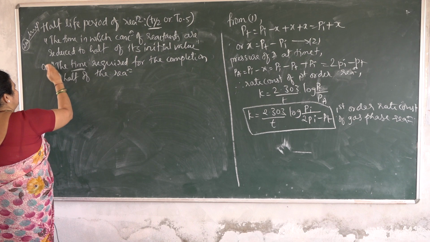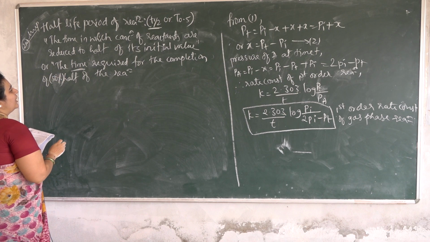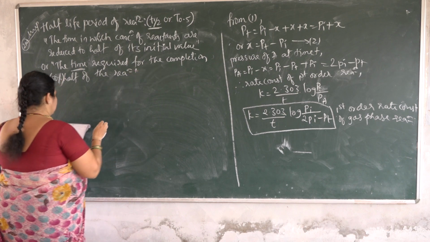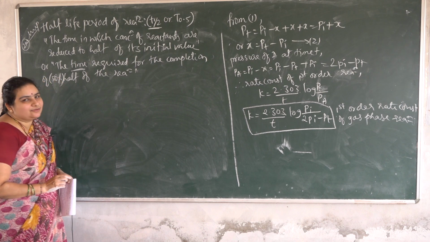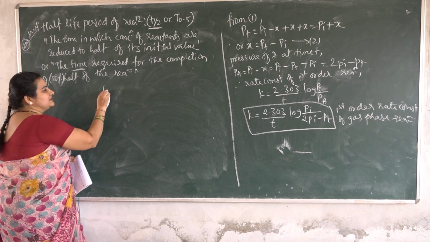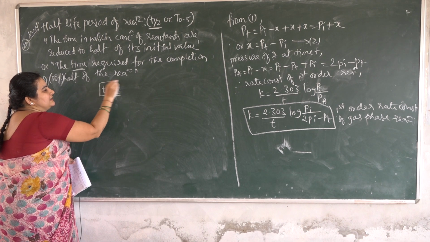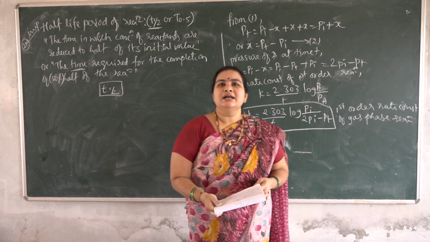Completion of half is considered as 50% of the reaction. Or another definition, the time required for the completion of half of the reaction, it is represented by the letter t half. Next part I will discuss in the next video.